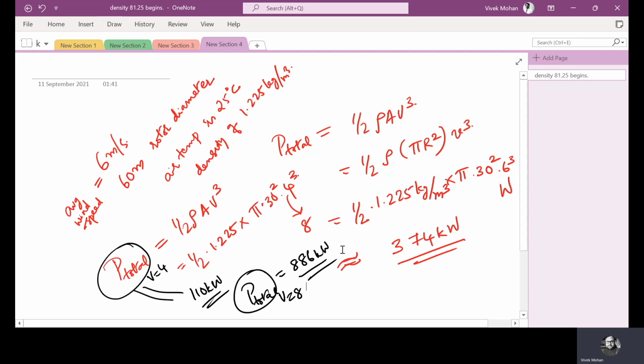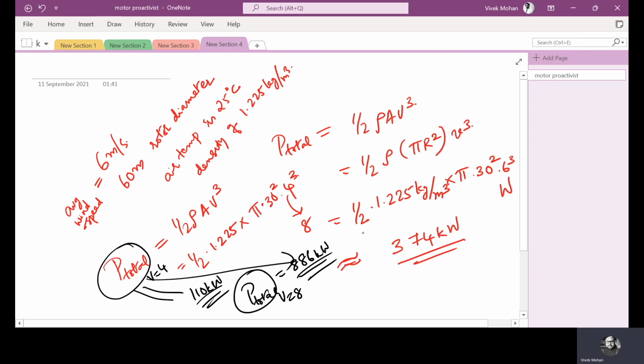So it is seen here that when the wind speed doubles, when the wind speed changes from 4 meters per second to 8 meters per second, the power increases by 8-fold. It's almost 8 times, right? Approximately 8 times, maybe some 8.05 times, 110 to 886 kilowatts. So that is an insight we get from the relation between total power extracted and wind velocity.